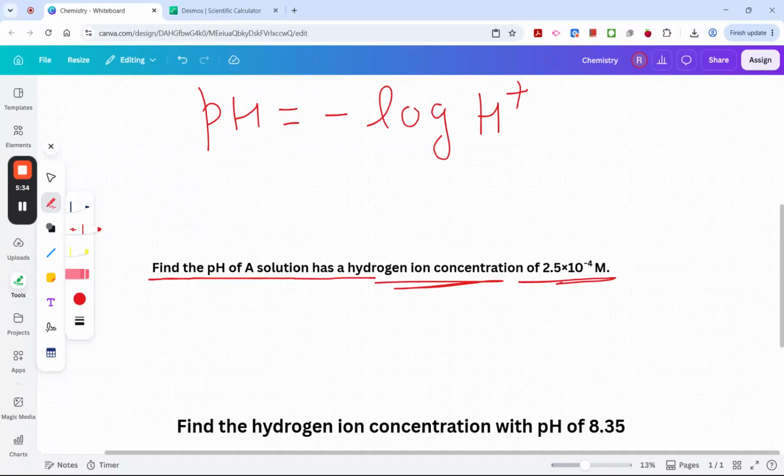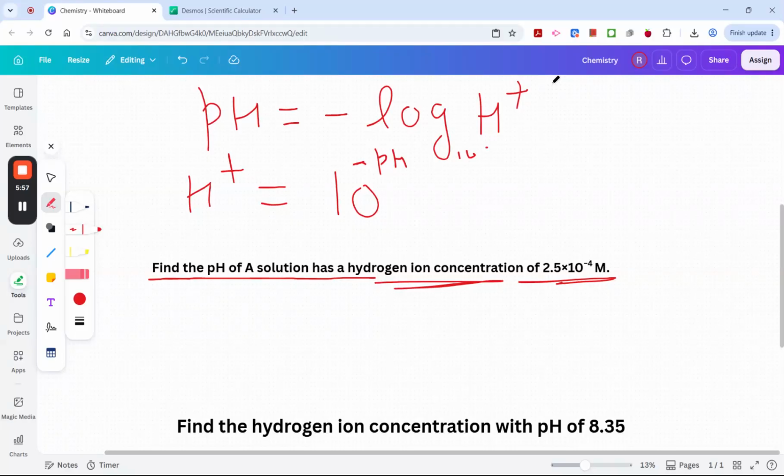I will change this formula if I have to find hydrogen ions. Log is always base 10. So if I have to find the hydrogen ion concentration, just rearrange: 10 raised to the power negative pH. The negative goes as a superscript with pH at the end.